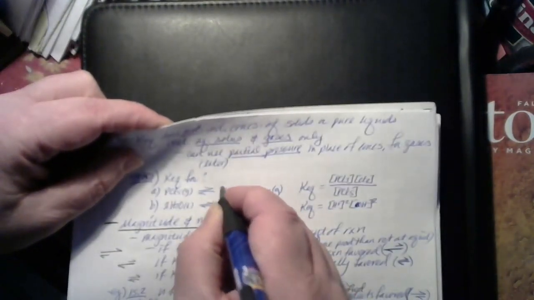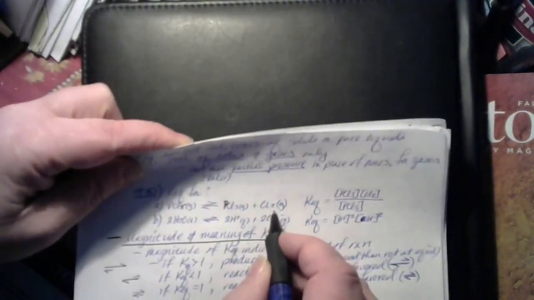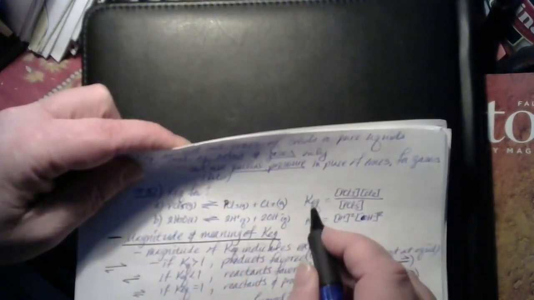So right now, a quick example where you have PCl5 in equilibrium with PCl3 plus Cl2. And they just want you to write the equilibrium constant expression for that.